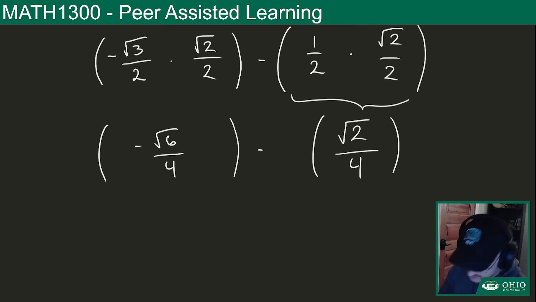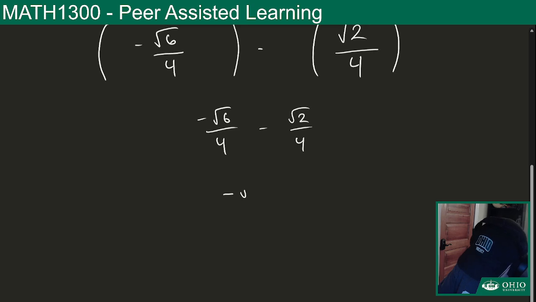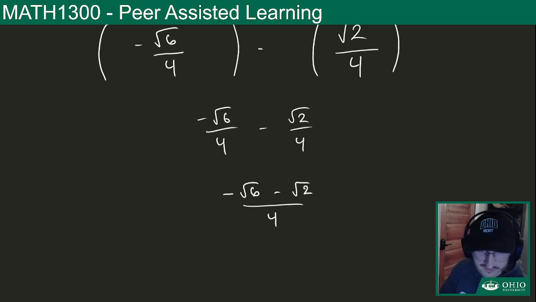Let's see what we can do now. Is there a way I can make this look nice? Okay, so let's attach the minus sign to the root 6, and we have the minus sign on the root 2, and then this will become minus root 6 minus root 2 over 4.